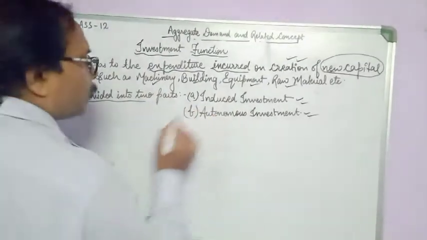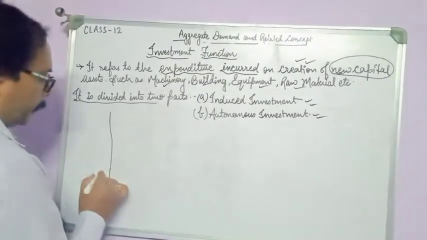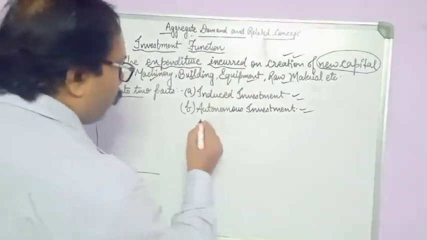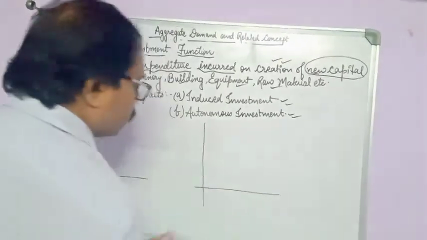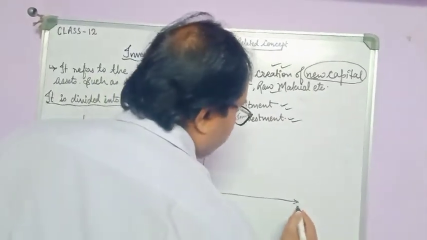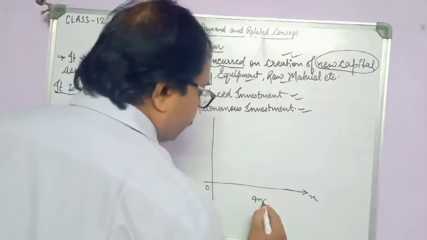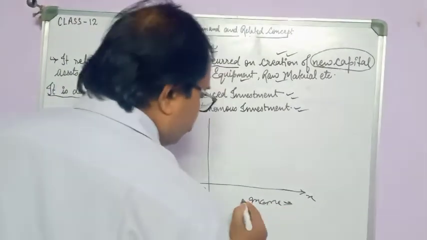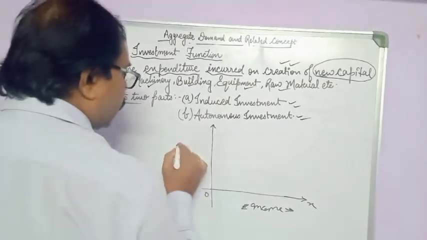So first, that is the induced investment. Here I am making a diagram, here also I am making a diagram. So from this diagram you will be able to understand in a better way. On the x-axis, the income is taken, and on the y-axis, the investment.